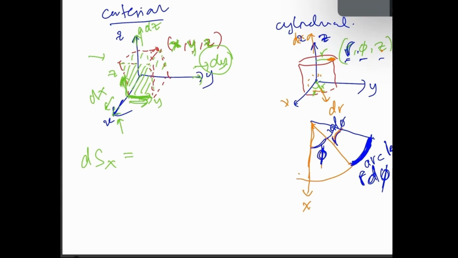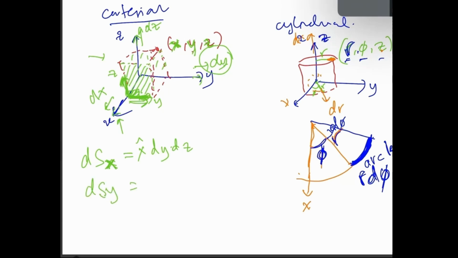So the surface area at vector x is equal to dy times dz. This one is at the x axis.